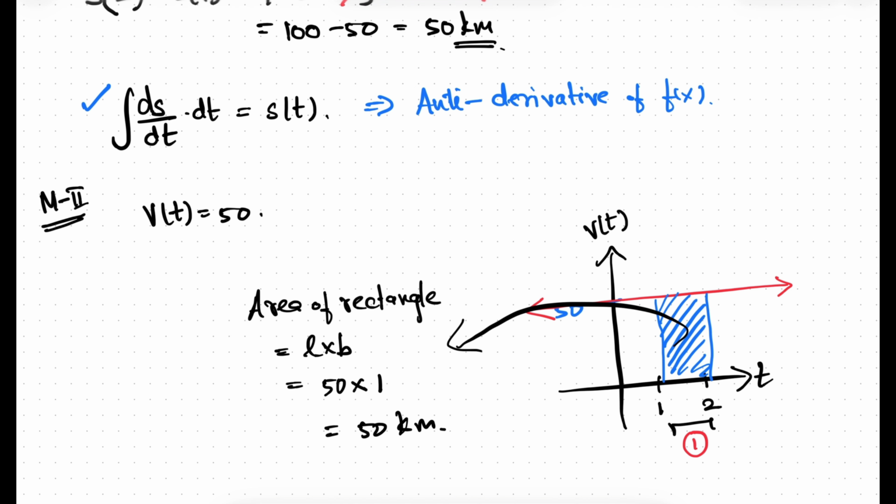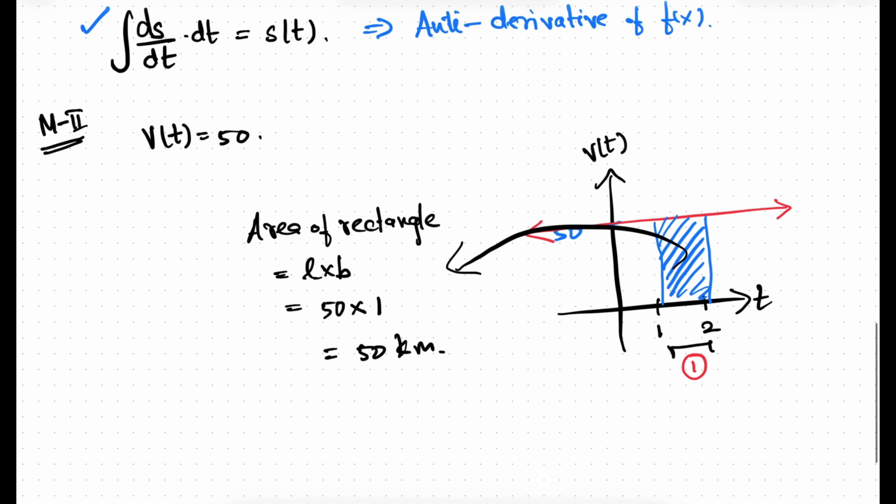So what we have now established is that the area under your velocity-time graph is your distance function. Using the velocity function, we found the displacement function as well, so now we can relate both the methods.